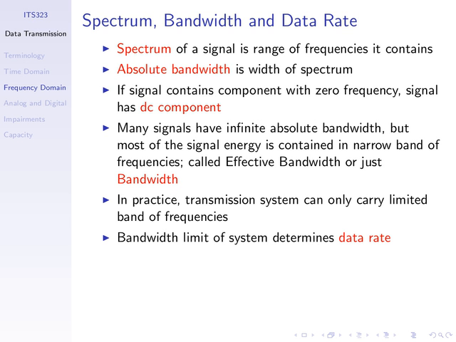So our signal SC of t has a spectrum. It contains 2 components, one with a frequency of 100 Hertz and another with a frequency of 300 Hertz. So in our very simple example, the spectrum of that signal is 100 Hertz and 300 Hertz.